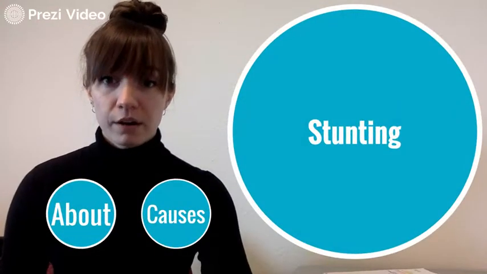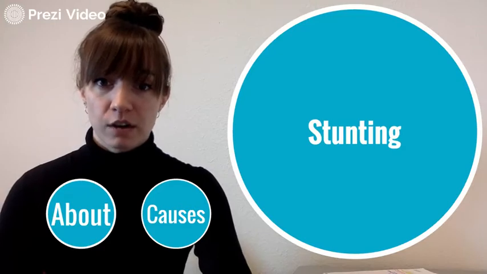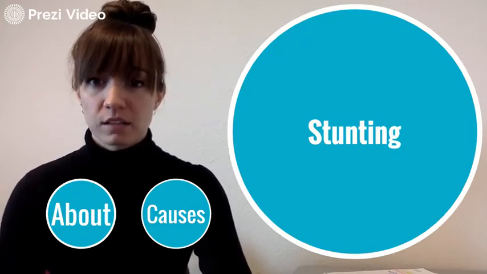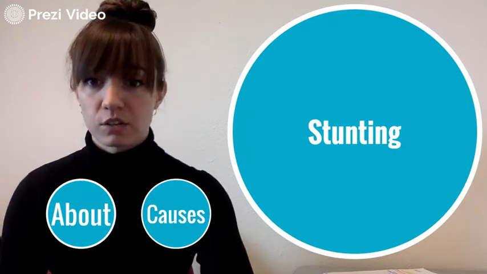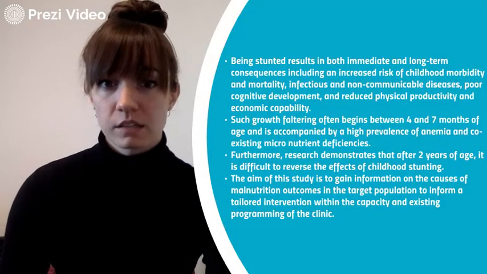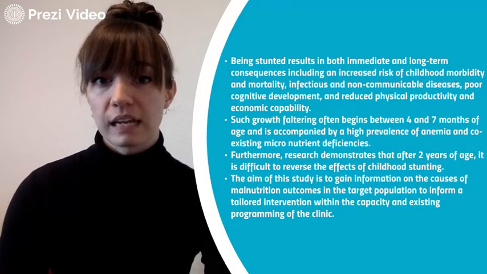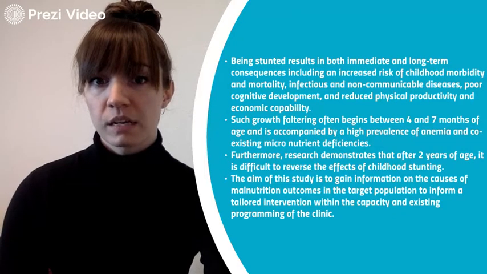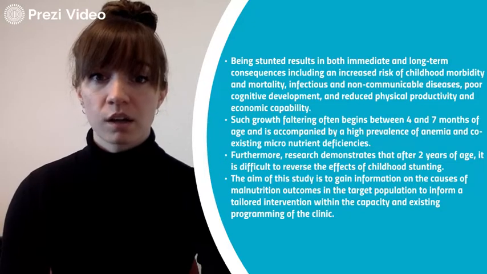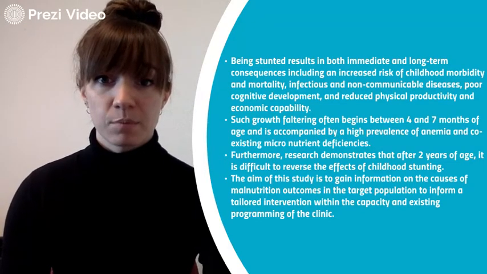So some more background on stunting. Throughout this presentation, we're talking about malnutrition outcomes, but we're emphasizing stunting just because those rates are so high in Indonesia. Being stunted results in both immediate and long-term consequences, including an increased risk of childhood morbidity, mortality, infectious and non-communicable diseases, poor cognitive development, and reduced physical productivity and economic capability.